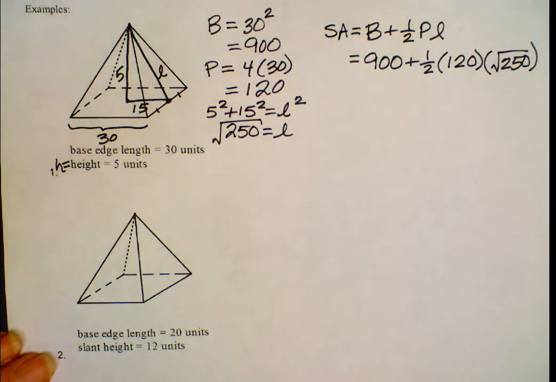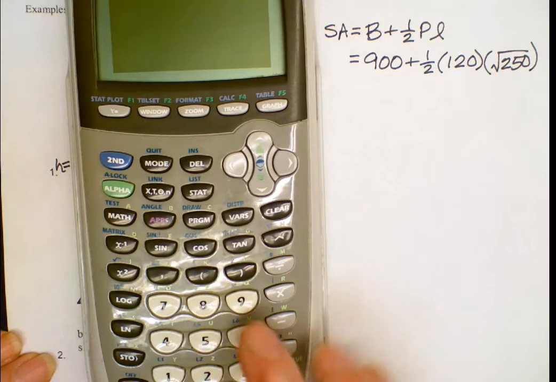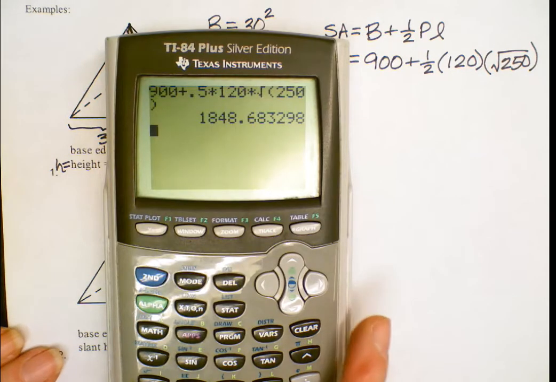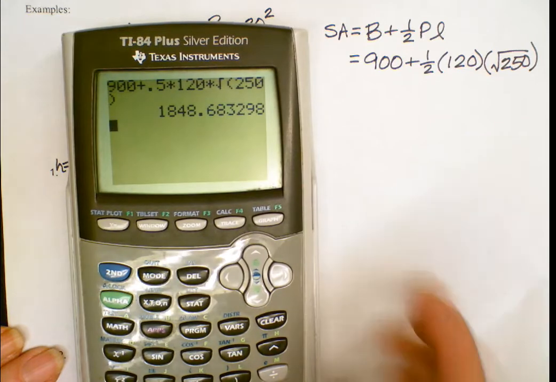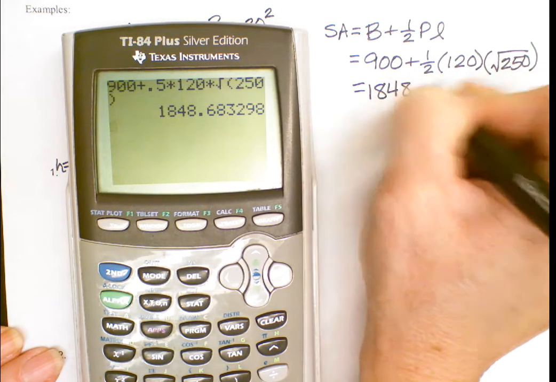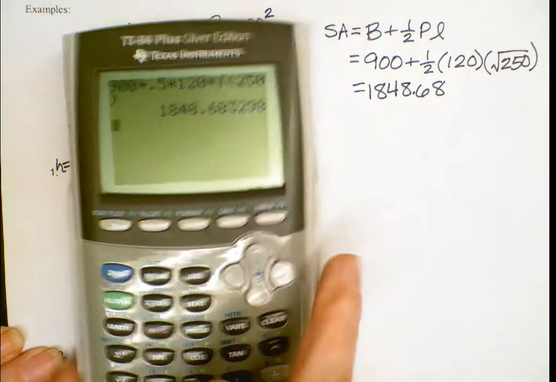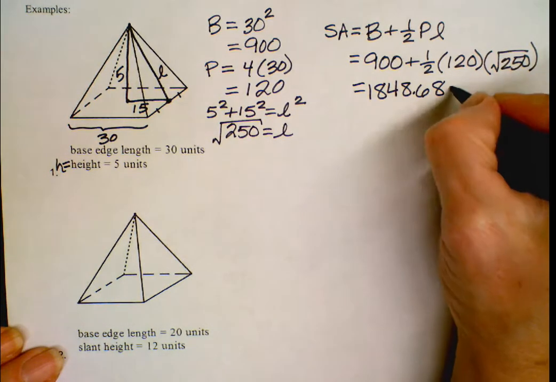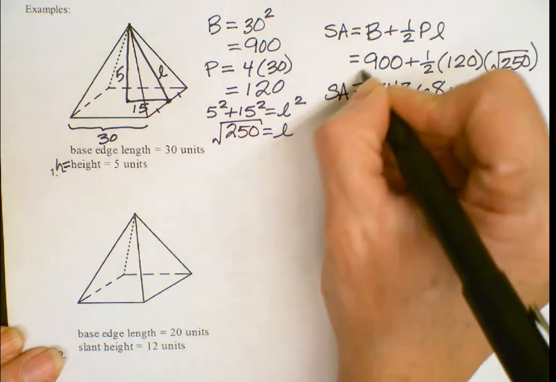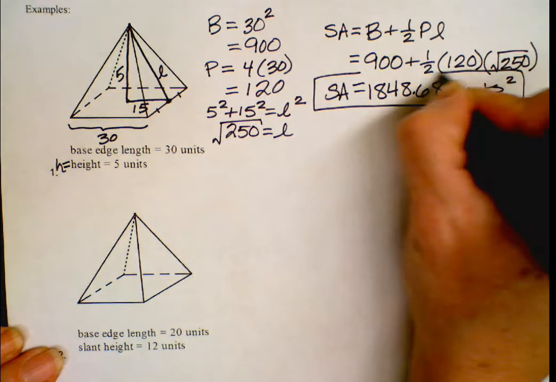And then we go to our magical calculator. 900 plus 1/2 times 120 times the square root of 250. And we get a magical answer of 1848.68. And our label in this case is units squared, since it's a surface area. And that takes care of one of our solutions.